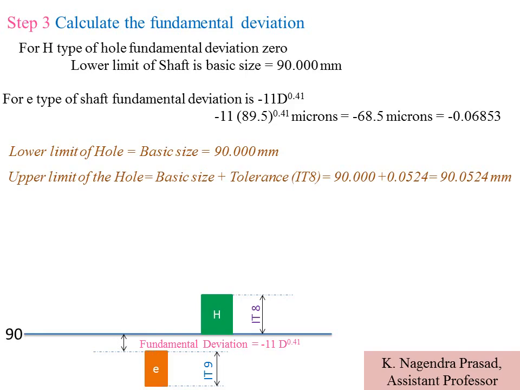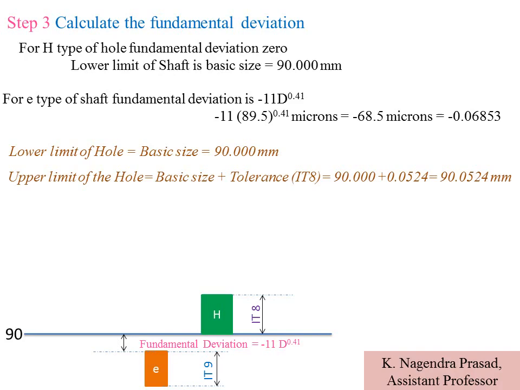Previously we determined the IT8 value as 0.0524. Substituting, the upper limit of the hole becomes 90.0524 mm.